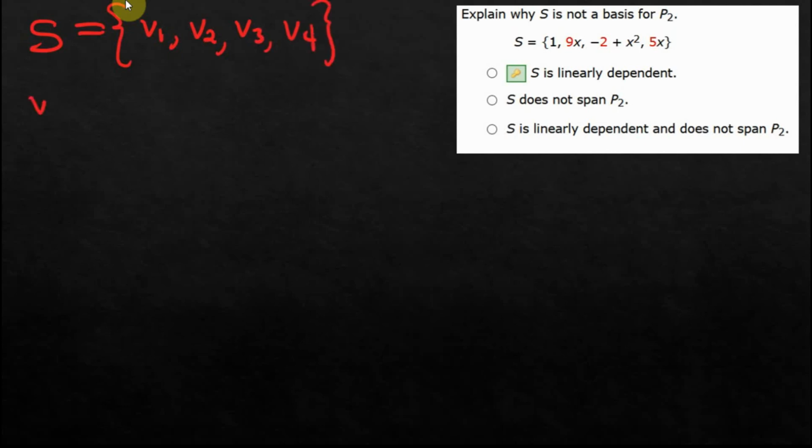Now what are they? So V1 is equal to 1, but I'm going to write it out that this is really 1 comma 0 comma 0. If I'm in the polynomial space of degree 2, that means that its size is 2 plus 1. Remember, it's n plus 1 because of the coefficient.